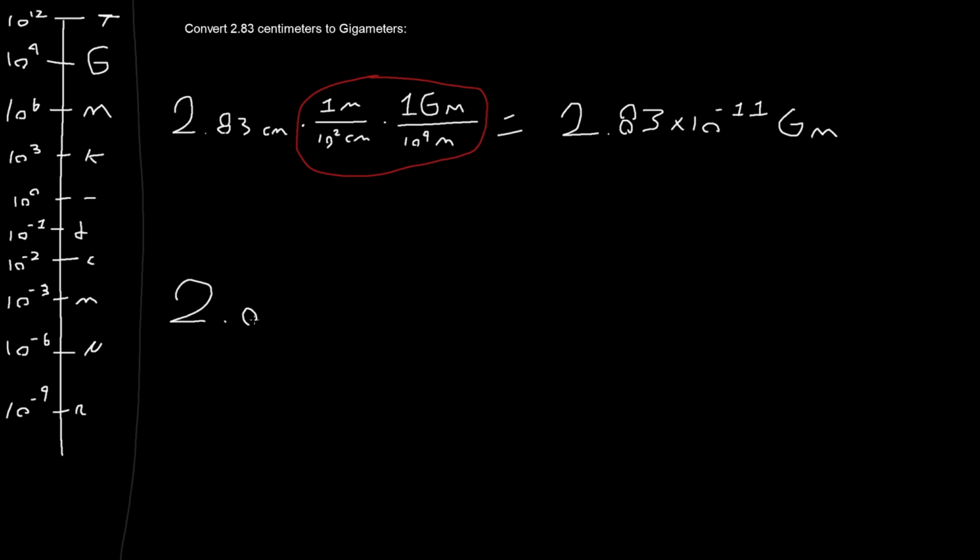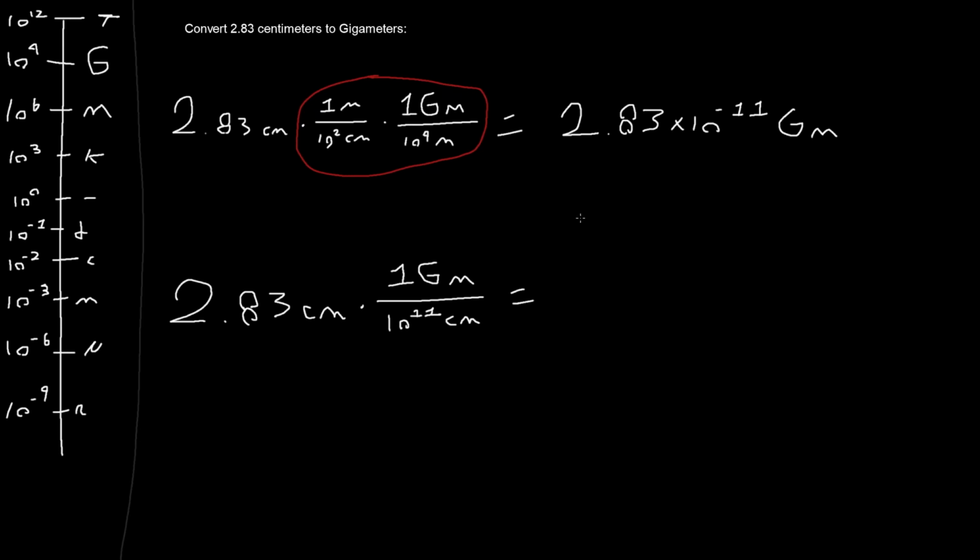We do 2.83 cm times 1 Gm over 10 to the 11 cm, equals, and if I run these calculations, let me make sure, we get 2.83 times 1 over 10 to the 11.